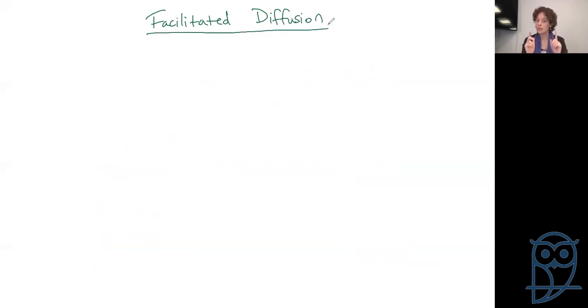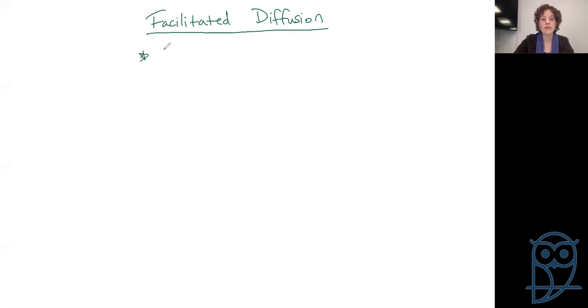Still diffusion, still passive. It's just that it is being facilitated. And to facilitate something is to help it. So all we're doing with facilitated diffusion is we're helping the diffusion. Okay, we're somehow helping these things to get across the membrane.